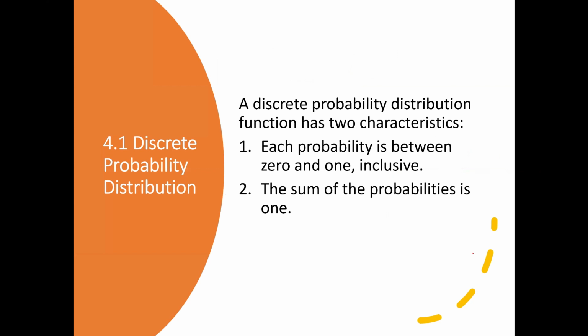Okay, so let's talk about discrete probability distributions. A discrete probability distribution function has 2 characteristics. Each probability is between 0 and 1, inclusive. So you could have probabilities that are 0, and you could have probabilities that are 1. And then the sum of the probabilities is 1.